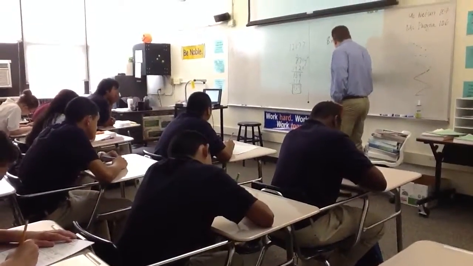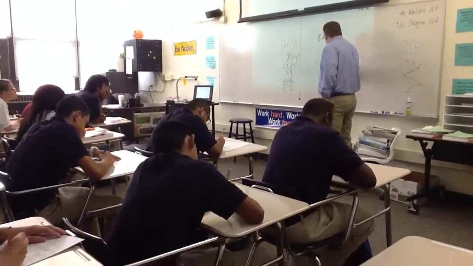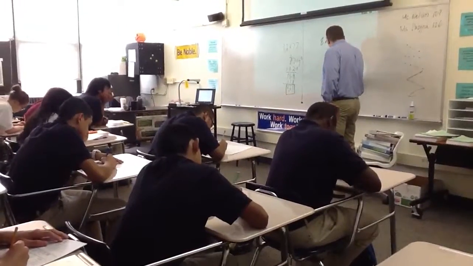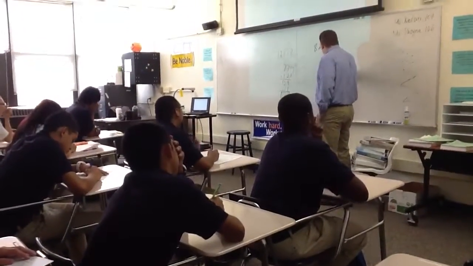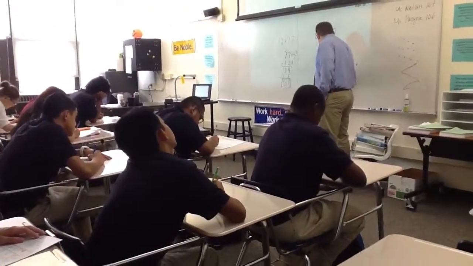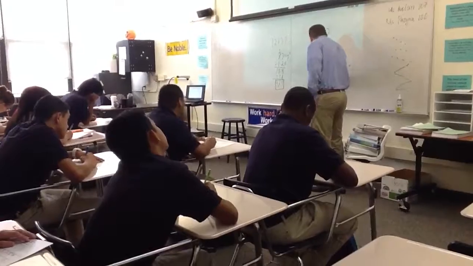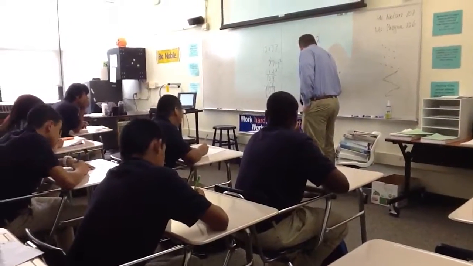3 times 2 is 6. 2 times 2 is 4. 8 times 2 is 16. Hold our spot. 0 times 3 is 0. 0 times 2 is 0. 0 times 8 is 0. Now we're just going to add all that. 6, 4, 6, 1.